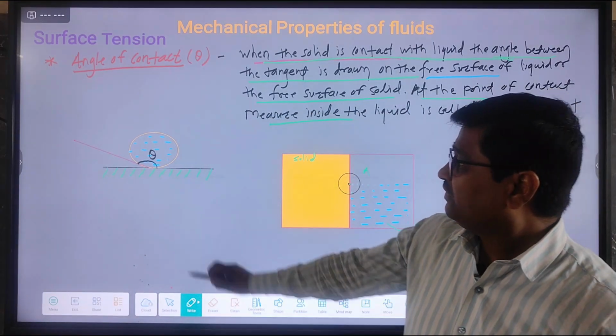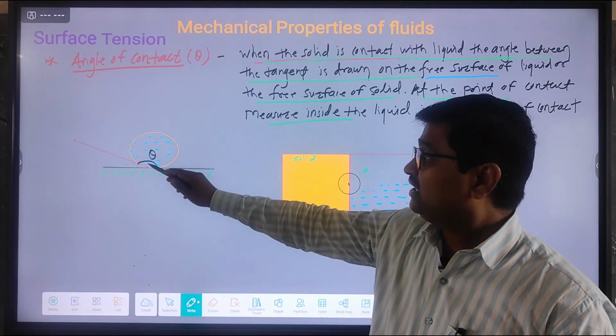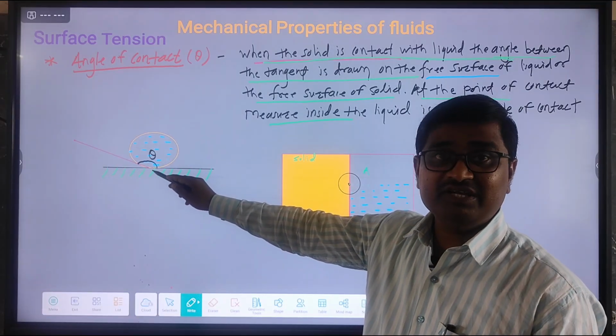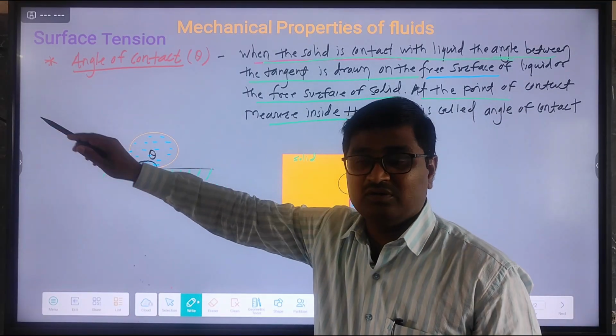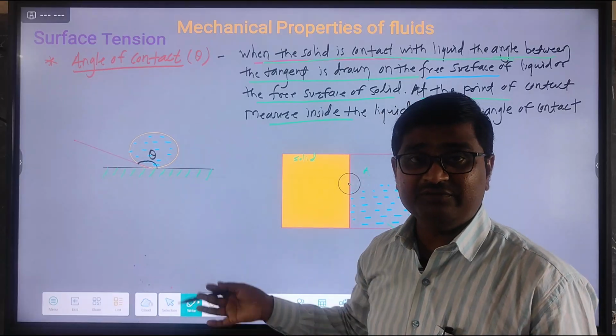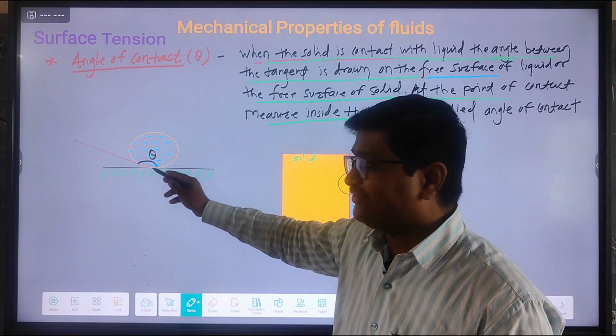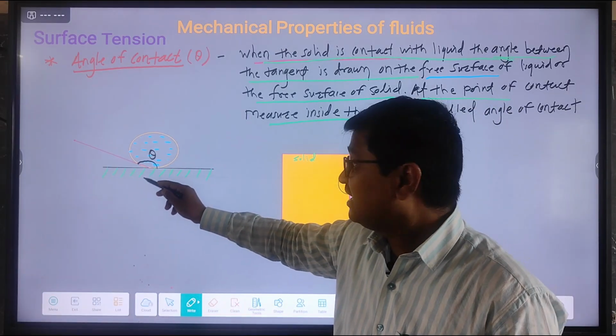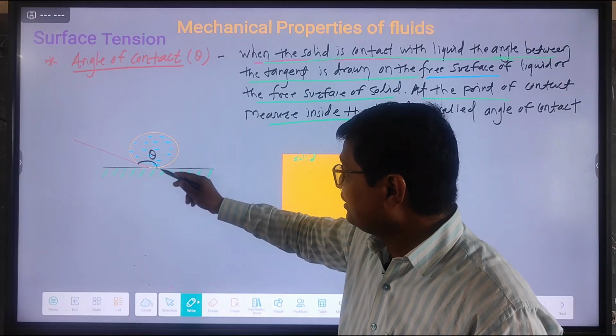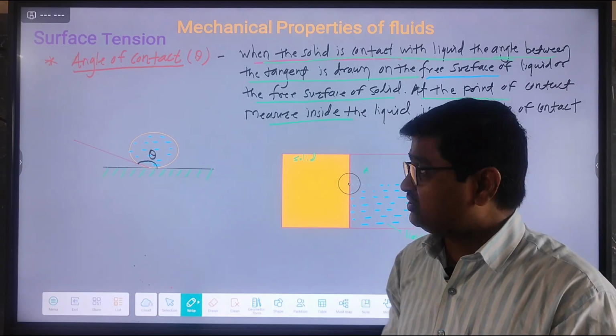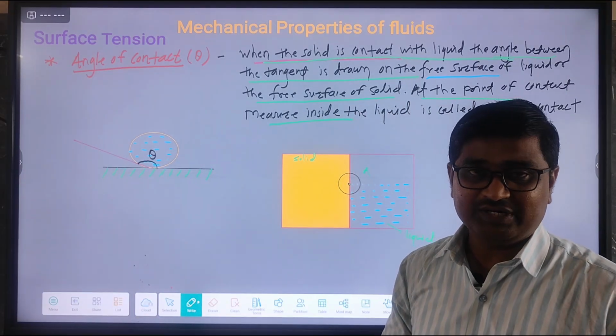Is it clear? When the solid is in contact with liquid, the angle between the tangent drawn on the free surface of liquid or the free surface of solid at the point of contact, measured inside the liquid, is called the angle of contact.